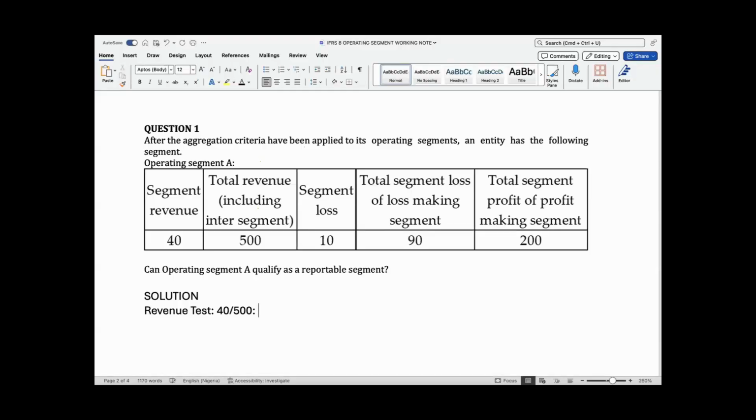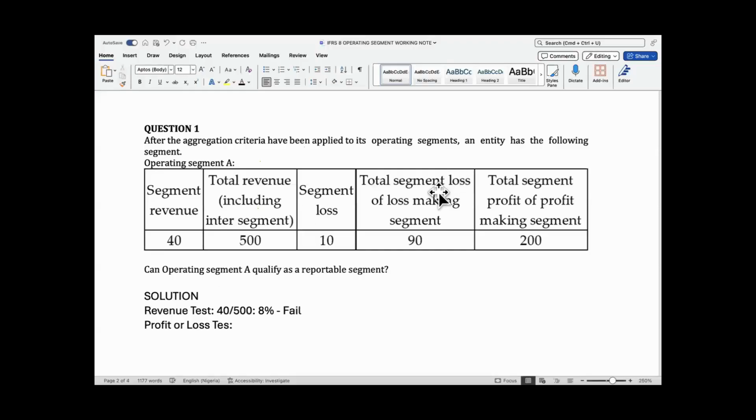What's 40 divided by 500? That's 8%. So for this one, fail. They didn't give us the assets yet.